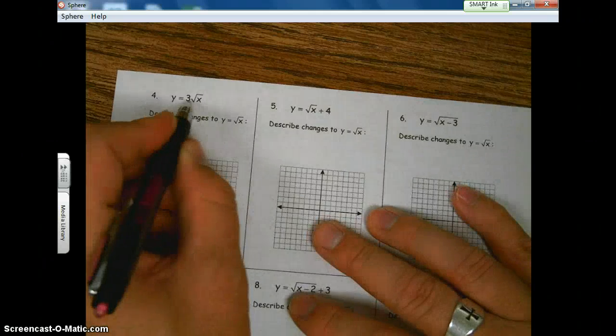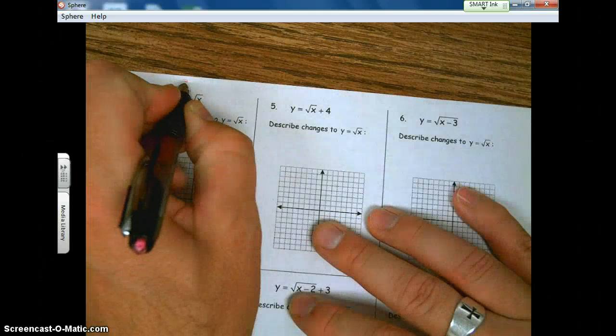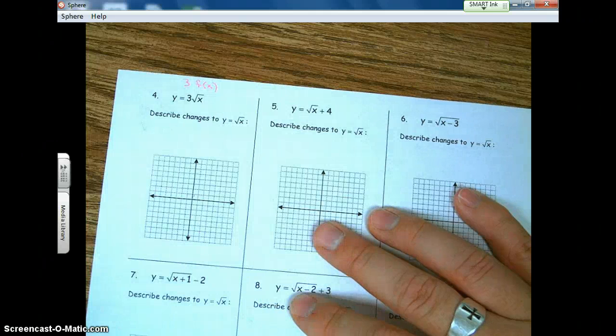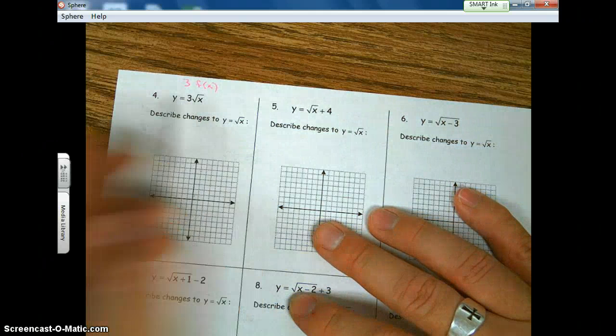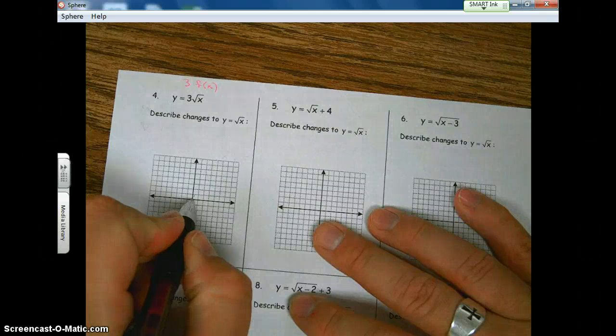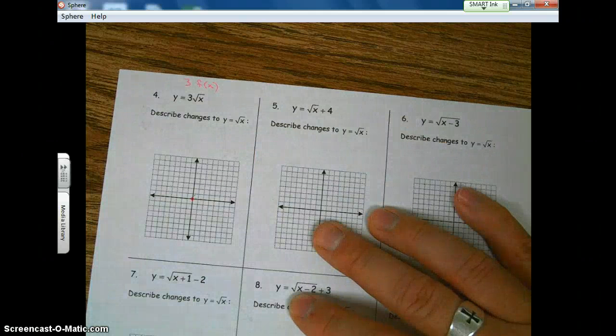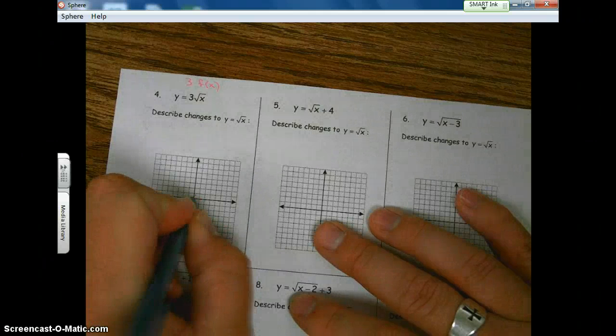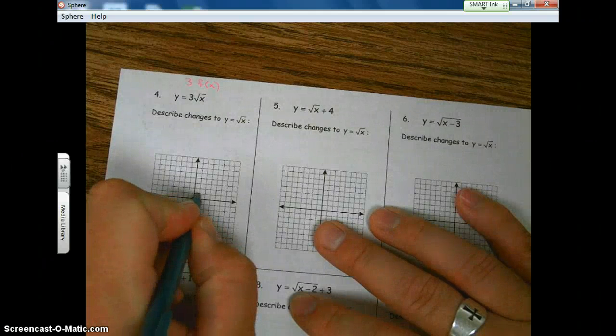So this is similar to 3 times f of x. So we're going to go 0 times 3, 0. Again, the best thing to do here is to put your parent on the graph, so that way you know what you're multiplying.